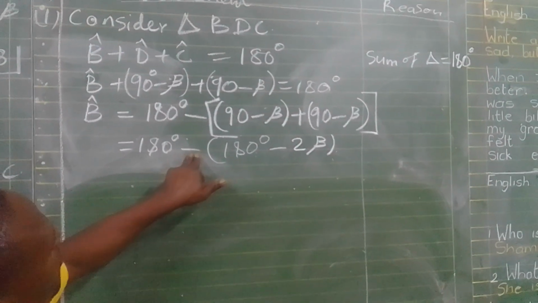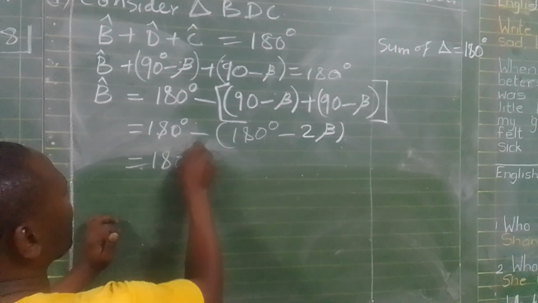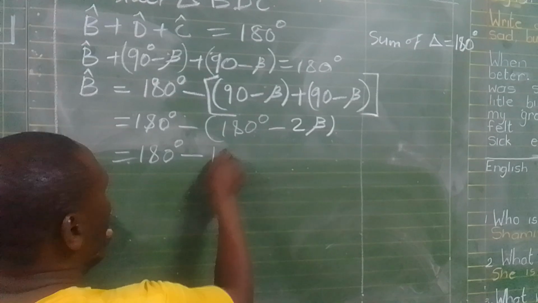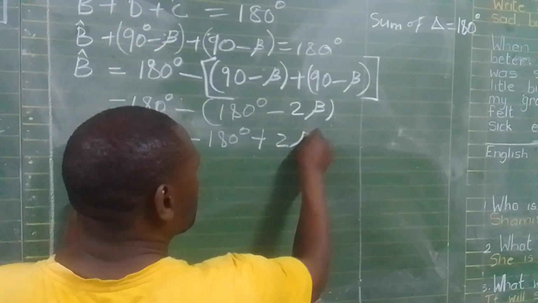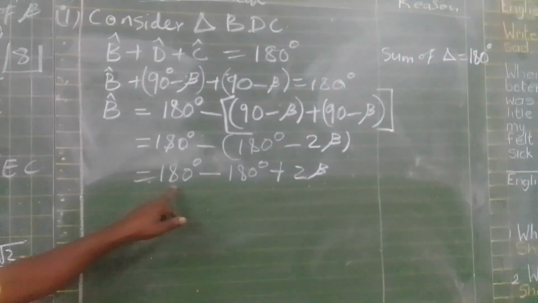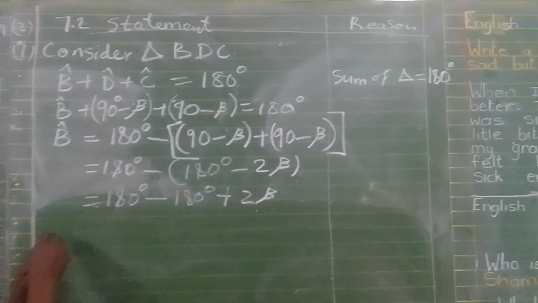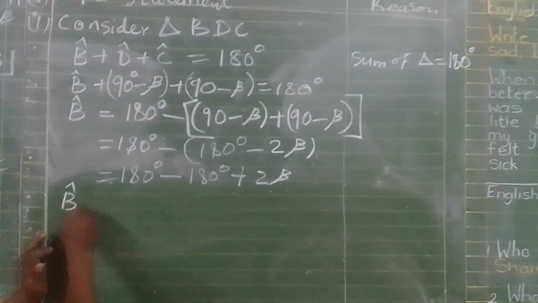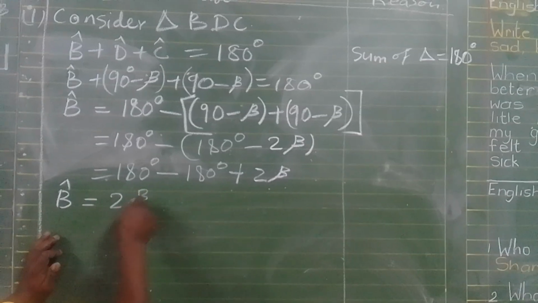Then we multiply throughout by a negative sign. This is going to be 180 degrees minus 180 degrees plus 2 beta. 180 minus 180 is 0. We are left with B is equal to 2 beta.